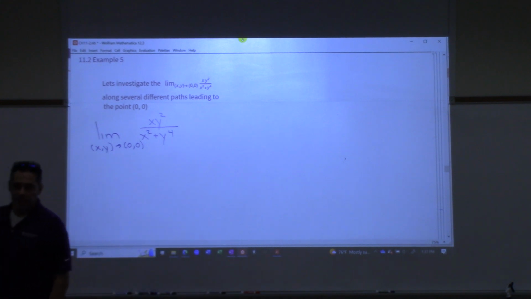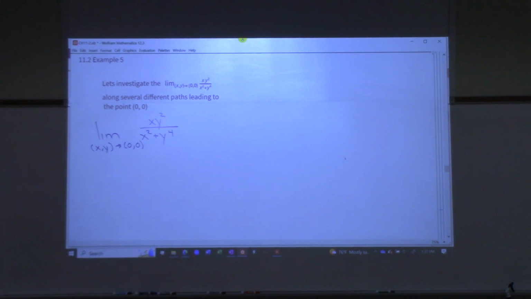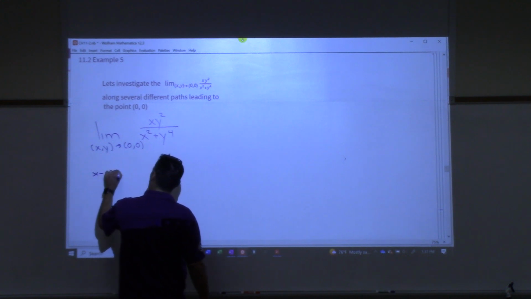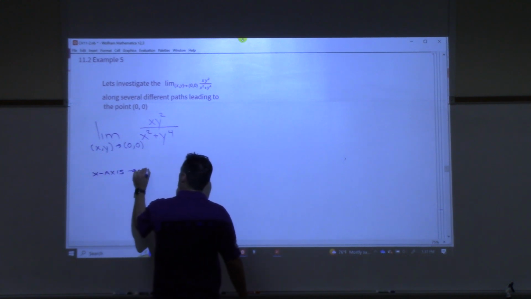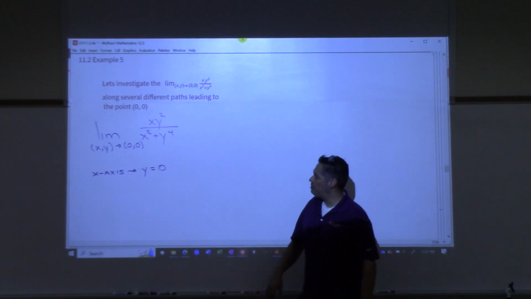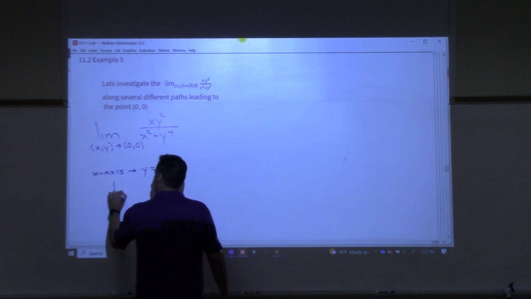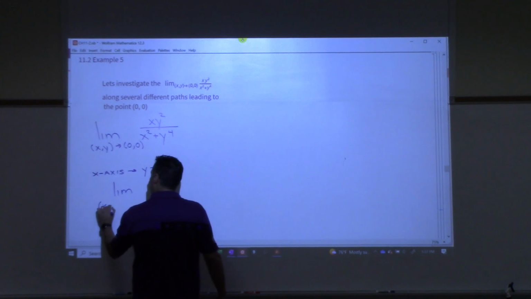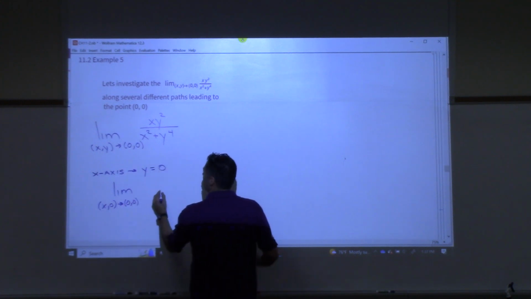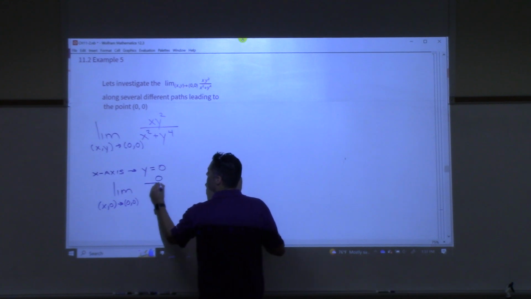Let's see what happens. Shall we stick to the convention? Let's come in along the x-axis and then the y-axis. First along the x-axis. I'm going to replace all my y's with zeros. Limit as (x, y) approaches (0, 0) of 0 over x squared plus 0.